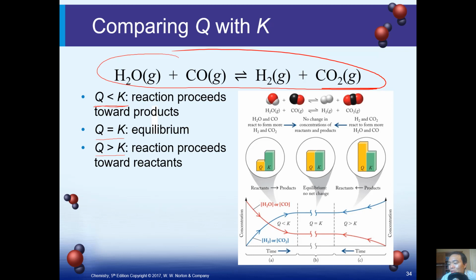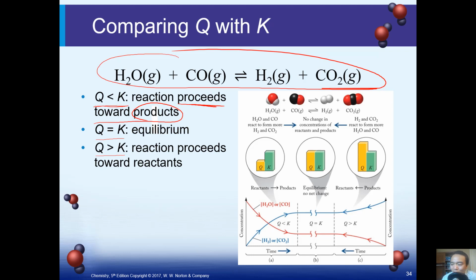So if Q is smaller than K, this tells you one thing: you have less products than at equilibrium state, because for both Q and K, you have products over the top. So smaller Q than K means you have less products than at equilibrium. To reach equilibrium, you will have to shift to generate more product. So that's why the reaction will proceed to the right, or toward the products.